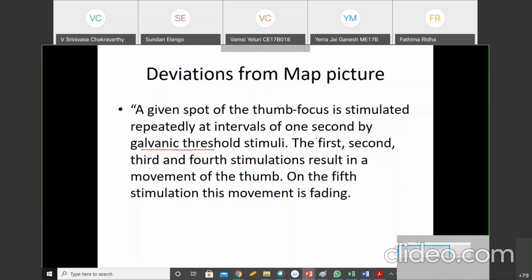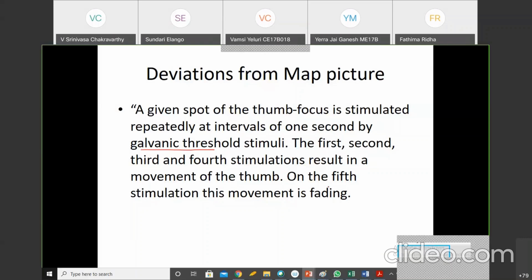When they do that, the thumb moves. The only thing is they give the stimulation repeatedly at intervals of 1 second. So the first, second, third and fourth stimulations result in the movement of the thumb. In that sense, it's like a thumb region in the motor cortex.